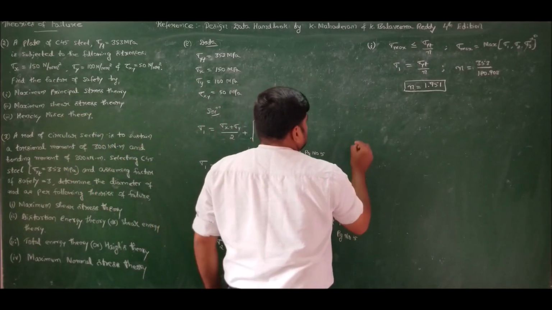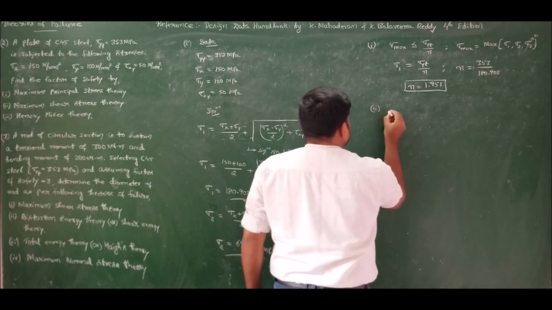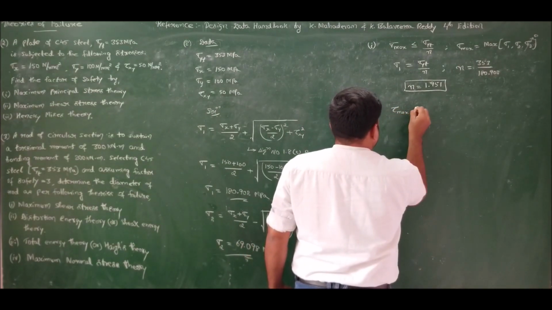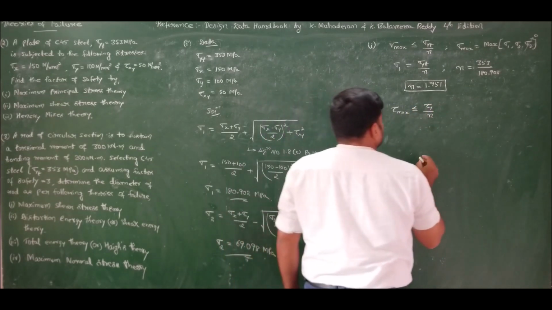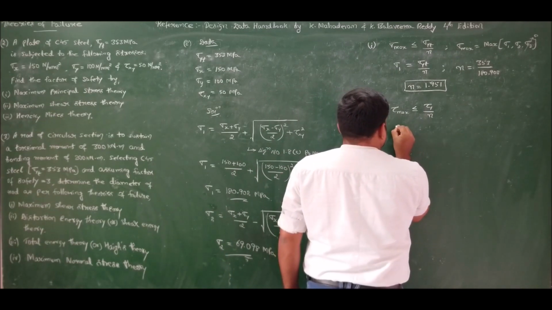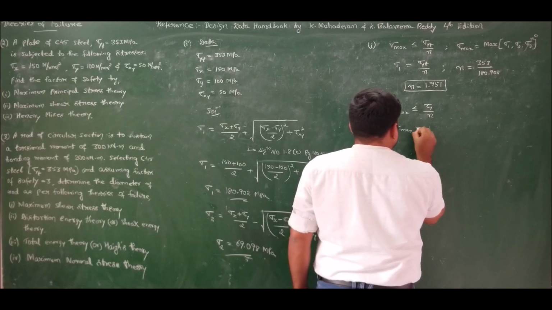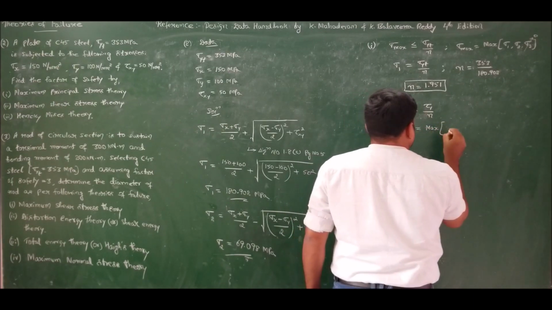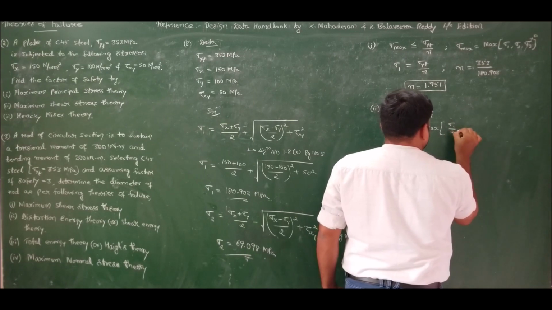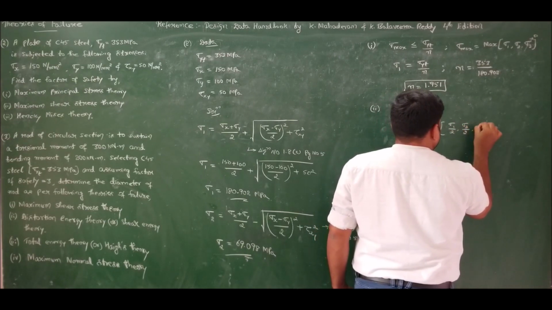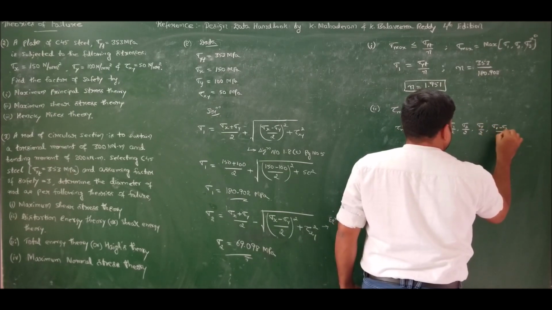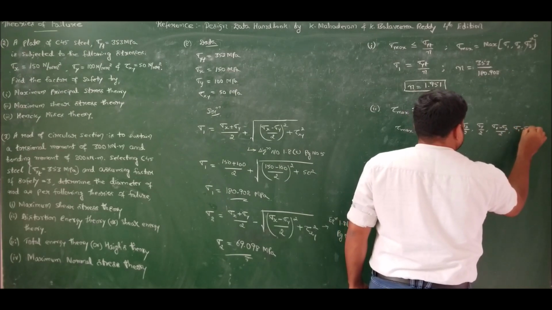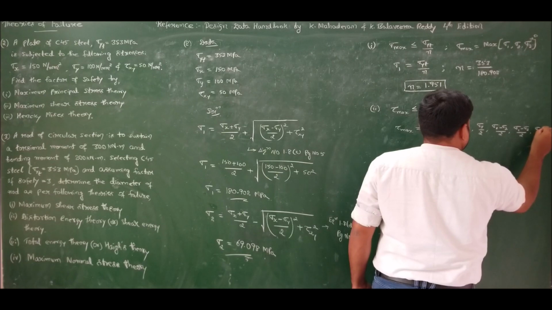Moving on to maximum shear stress theory. According to maximum shear stress theory, tau max should be less than or equal to tau yield by factor of safety, where tau max is nothing but the max of sigma 1 by 2, sigma 2 by 2, sigma 3 by 2, sigma 1 minus sigma 2 by 2, sigma 1 minus sigma 3 by 2, and sigma 2 minus sigma 3 by 2.